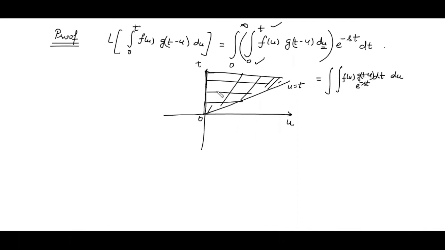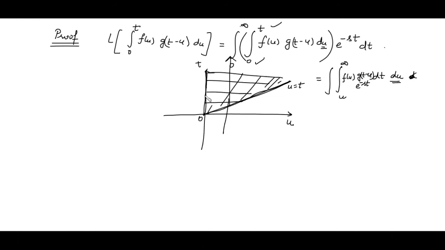So now we have to take a parallel line. Since we want to integrate with respect to t first, we take a line parallel to the axis along which we have the limits for t. So t is going from u to infinity. Now over this region, what is the minimum value of u?